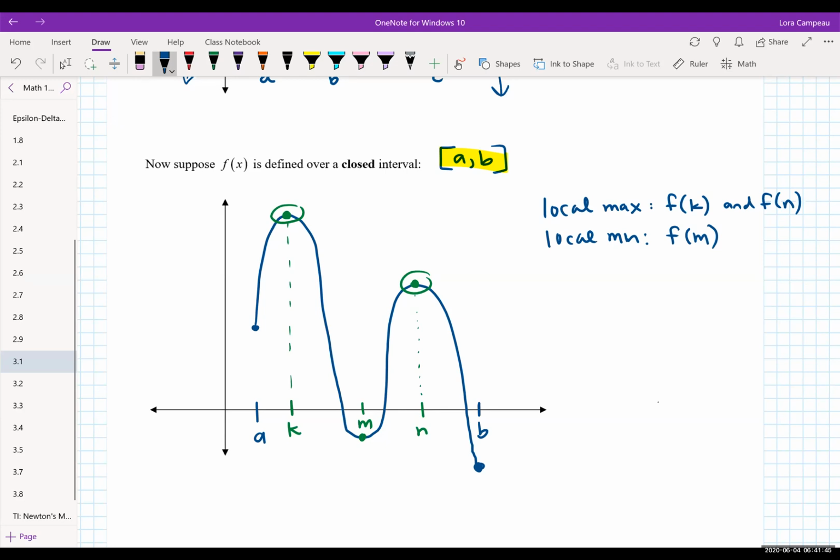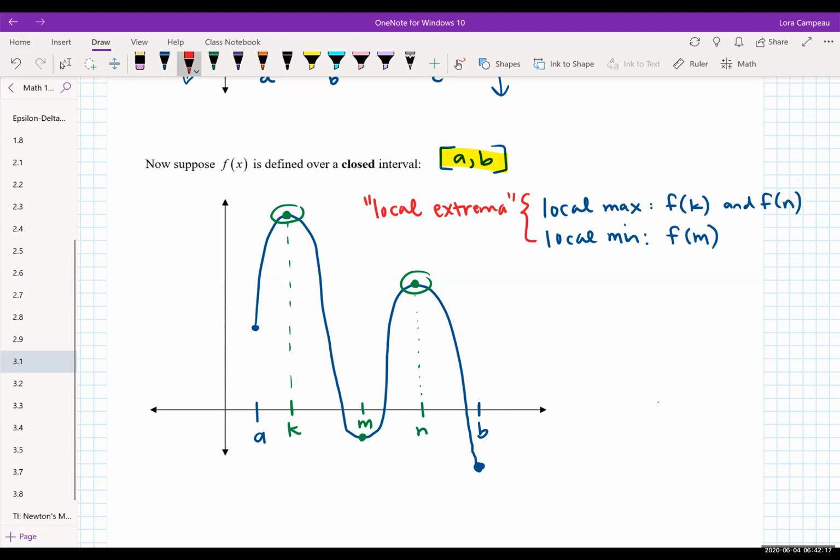A lot of times there's more than one local max and more than one local min, and when we want to refer to all of these together, you will hear the author or someone ask you, what are the local extrema? That's just referring to the extreme points of the function. That makes sense, the high points and the low points.